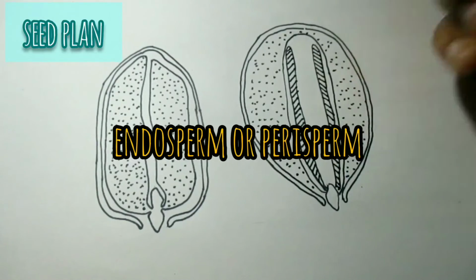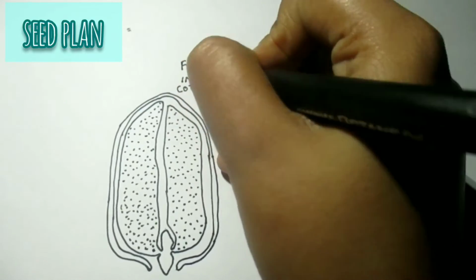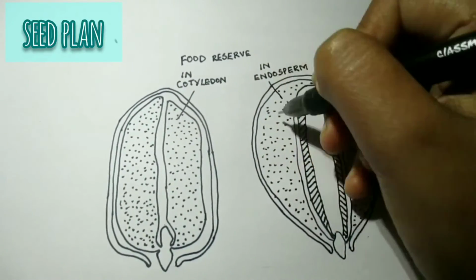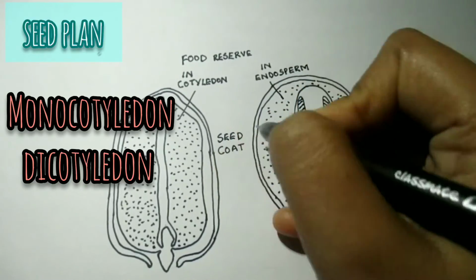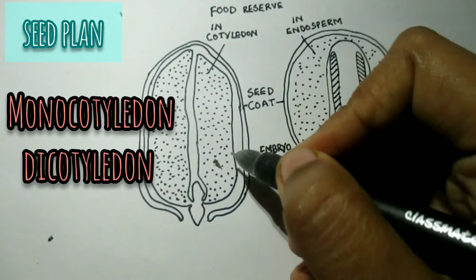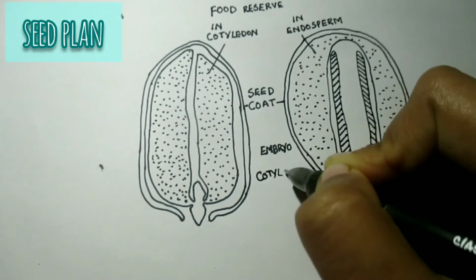An important part of the embryo is the cotyledon or the seed leaf, which is a special type of leaf. Angiosperms are divided into the monocotyledons and dicotyledons according to the number of cotyledons. Polycotyledonous types are known among gymnosperms.